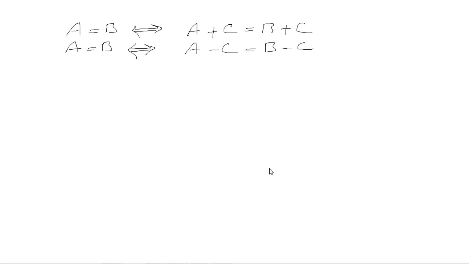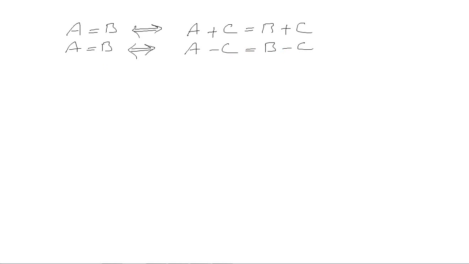What does this mean? It means that if you have a equals b, you can add the same amount to both sides of the equality, and the equality still holds. And it also means that if you have a equals b, you can subtract the same amount c from both sides and the equality still holds.